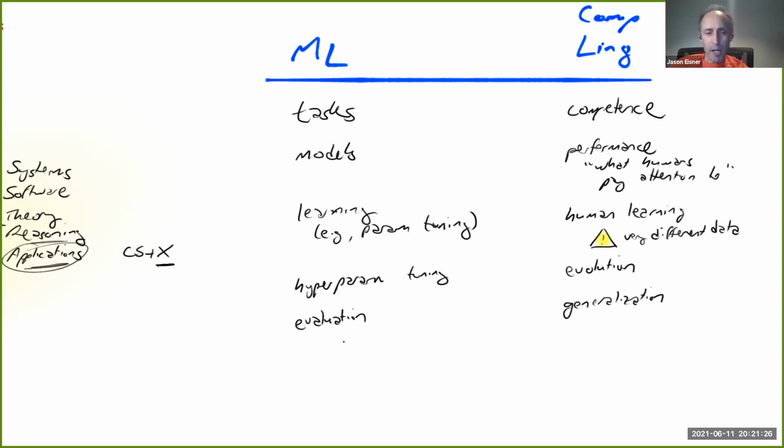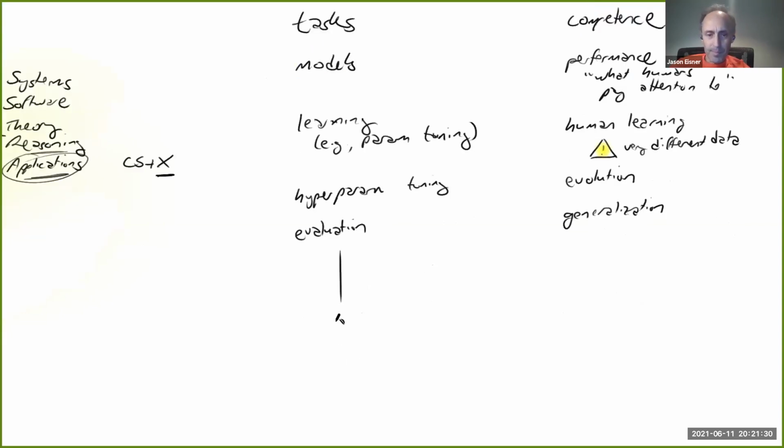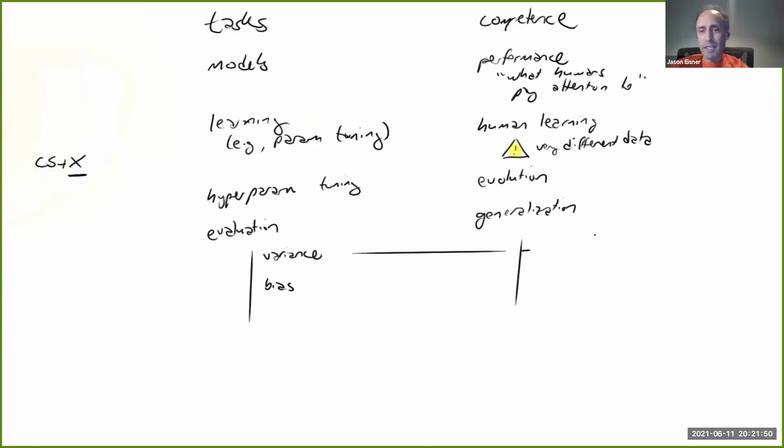And this leads us to talk about some things like variance. So we're going to have bias and variance. What does it mean to have small variance? So this is something that I thought when I was taking my first linguistics course was just super amazing. Low variance means that we're all exposed to different data.